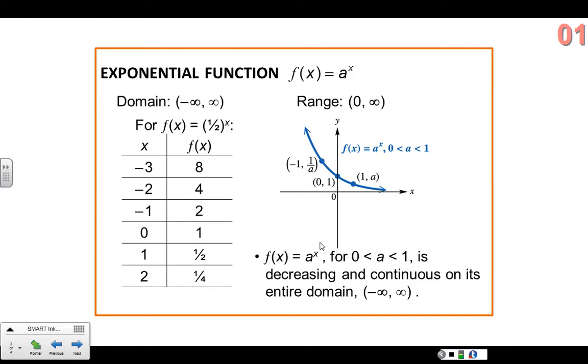If we have a number a that is between 0 and 1, it decreases on its entire domain. So if the base is a number between 0 and 1, a fraction, notice what happens here. The graph decreases going to the right.